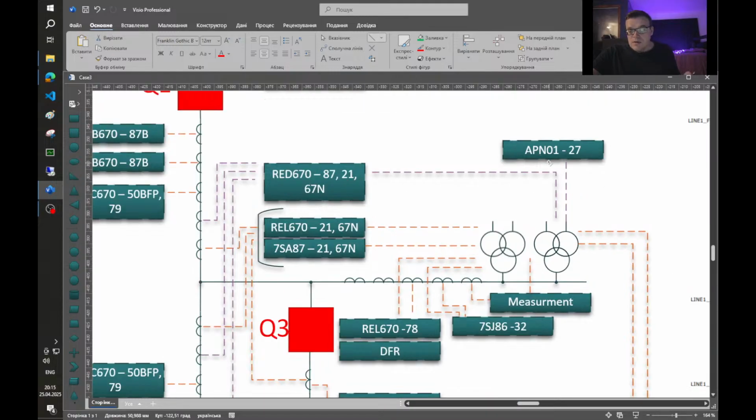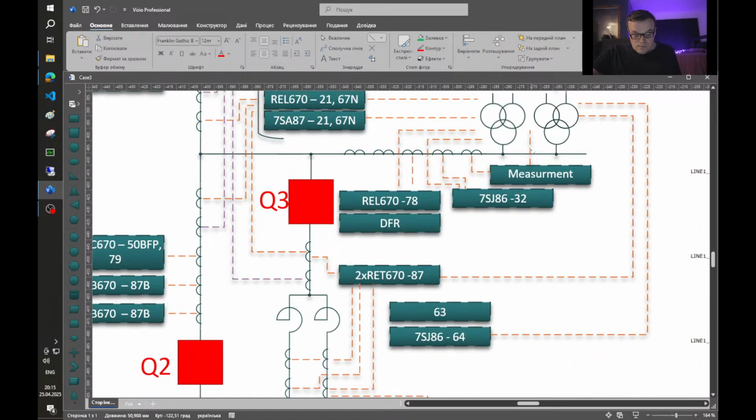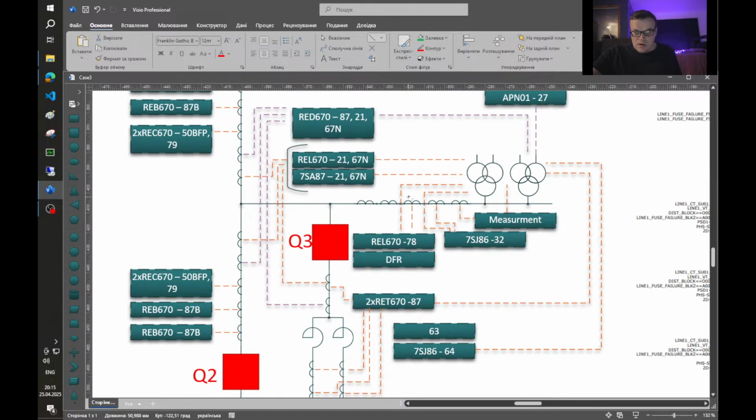Also, this overvoltage protection can be done on any modern unit, but in this particular case it is implemented in a Ukrainian IED. So I believe I said the main differences.